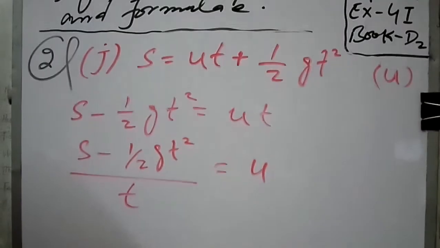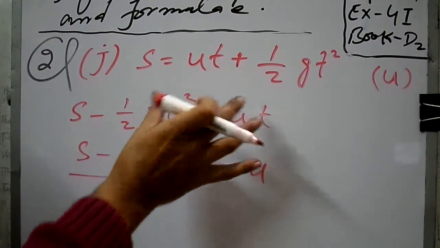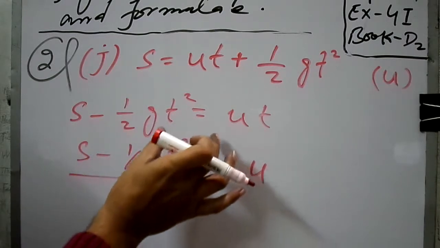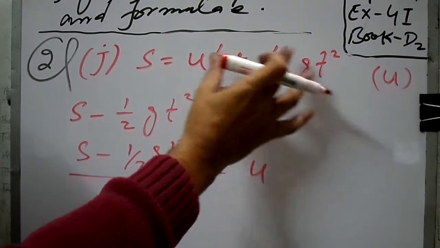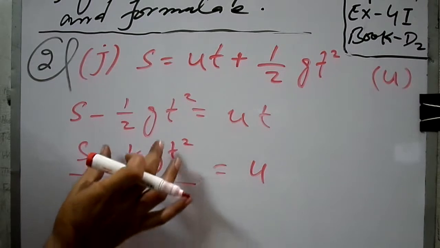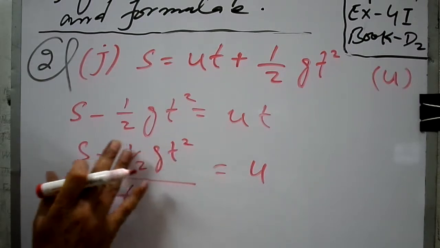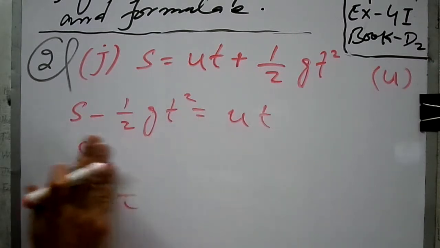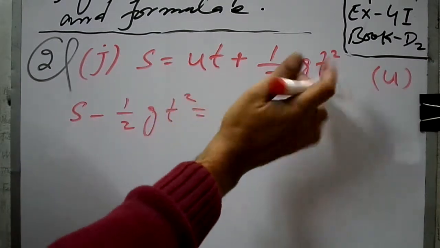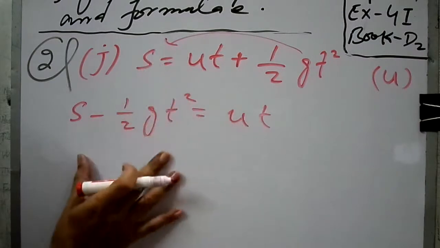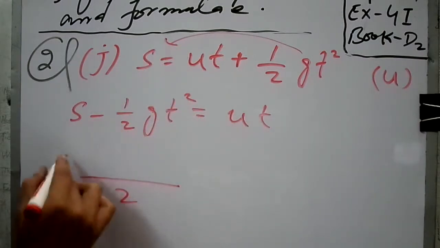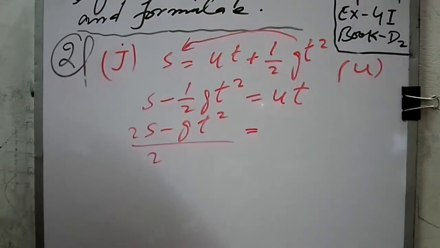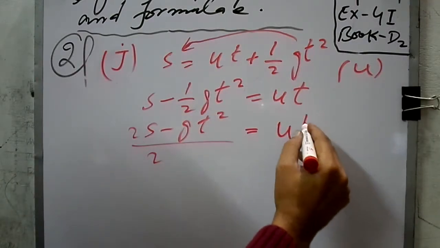But if you say that we have shifted here, you can see we have the given equation, after shifting we will get this, but you have to find the LCM also. Here you can see that is your UT, you have shifted this term. Now taking LCM, because 2 is LCM, so 2S minus GT square is 2UT.